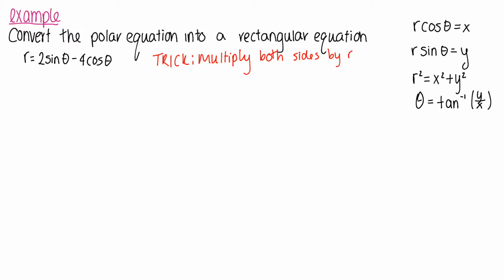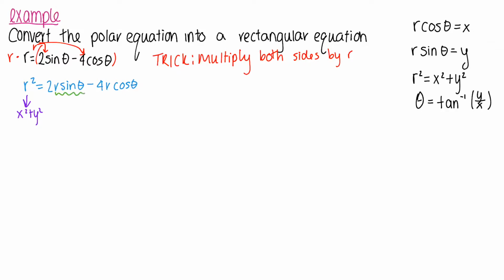So multiplying both sides by r, this r would get distributed to both of these terms. So r times r is r squared, and then we have 2r sine theta minus 4r cosine theta. R squared is x squared plus y squared.